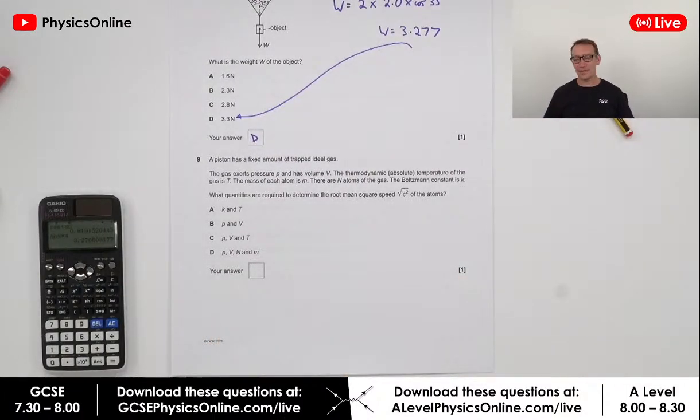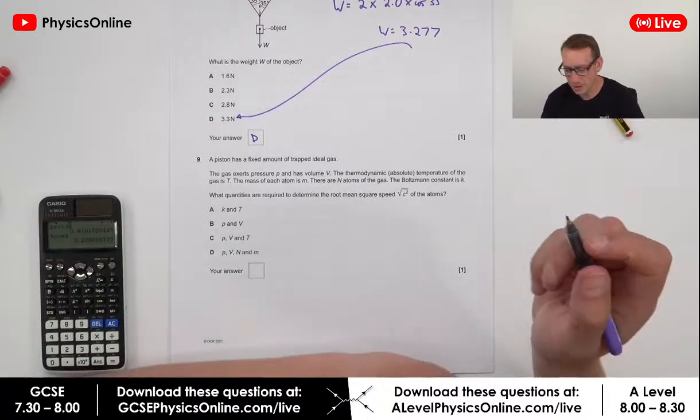Okay, we then have a piston that has a fixed amount of trapped ideal gas. We know that there's a pressure, a volume, the temperature is T, the mass of the atom is m, there are n atoms of the gas, the Boltzmann constant is k. What quantities are required to determine the root mean square speed of the atoms?